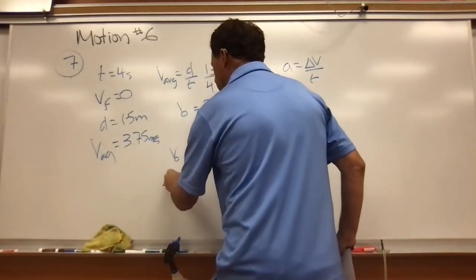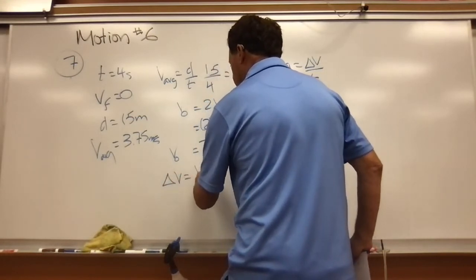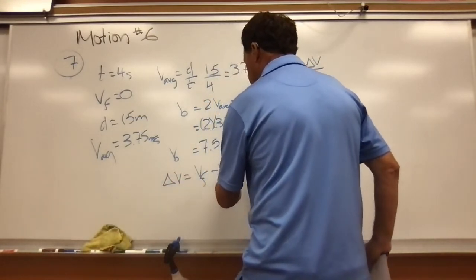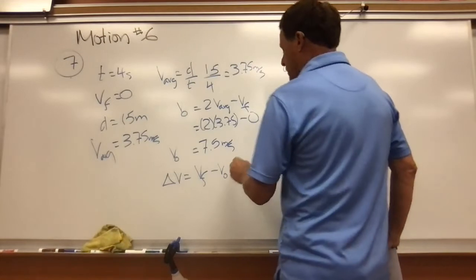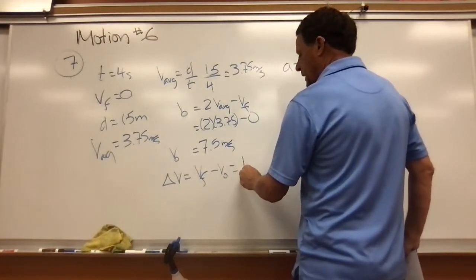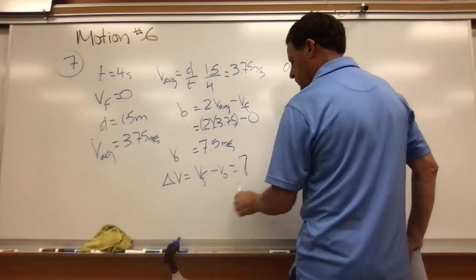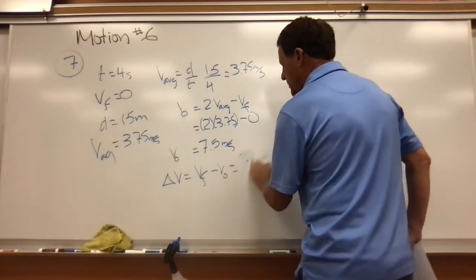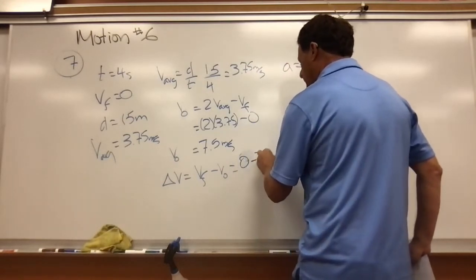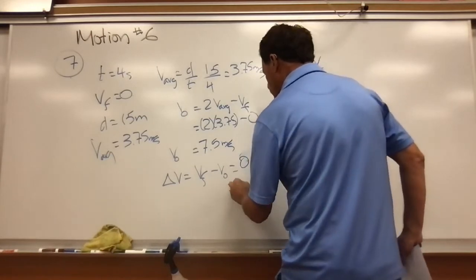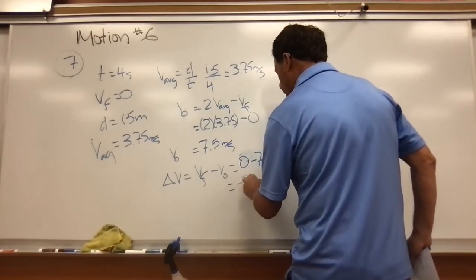So our delta velocity is going to be V final minus V original, which is 0 minus 7.5, which is negative 7.5.